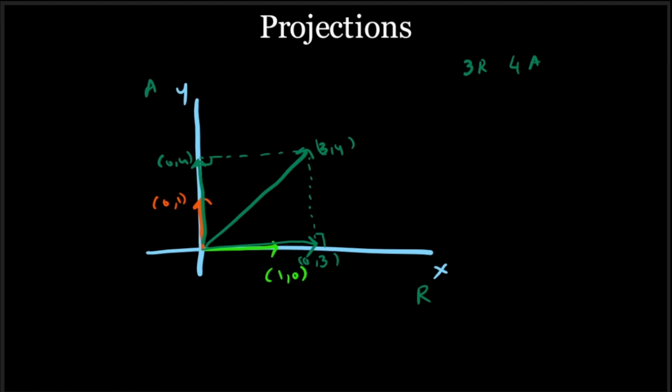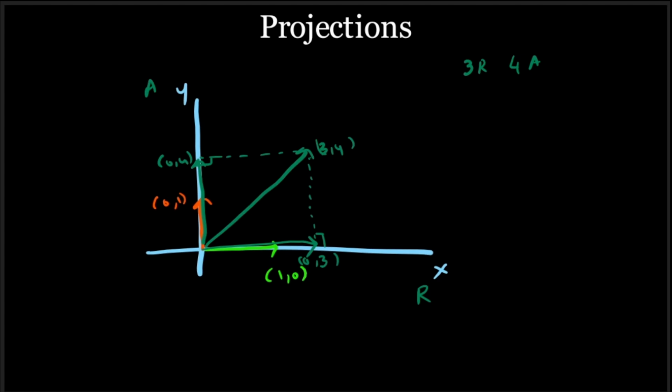And these two vectors 0, 3 and 0, 4 completely capture the information that is being represented by this vector 3, 4. These individual vectors 0, 3 and 0, 4 are nothing but projections of this vector 3, 4 onto the x-axis basis vector 1, 0, and 0, 4 is a projection of this 3, 4 vector into the y-axis basis vector 0, 1.